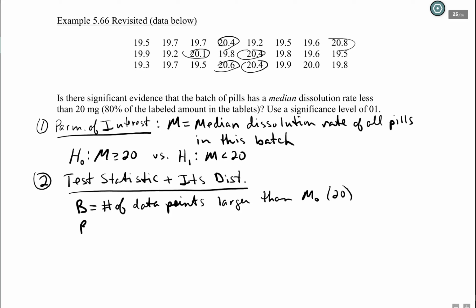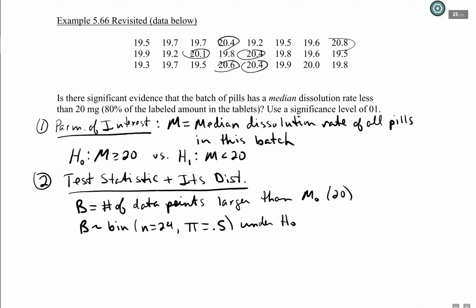But that's the test statistic B. You recall it is binomial. Here n is 24, and the probability of success in this setting is a half under H naught. So if H naught was true, we would expect half our observations to be above 20 and half to be below.